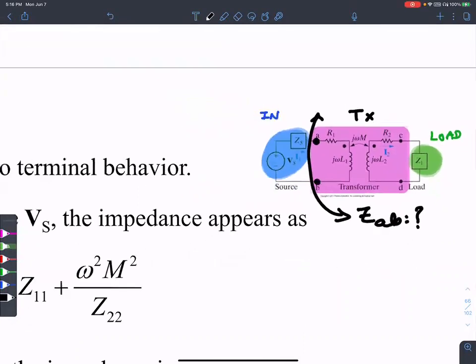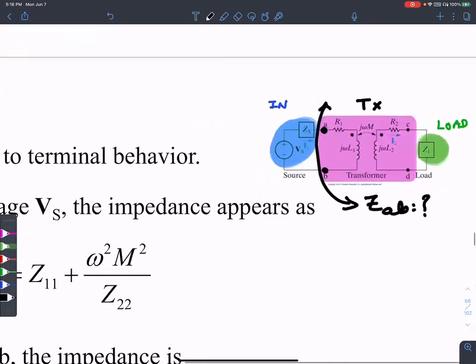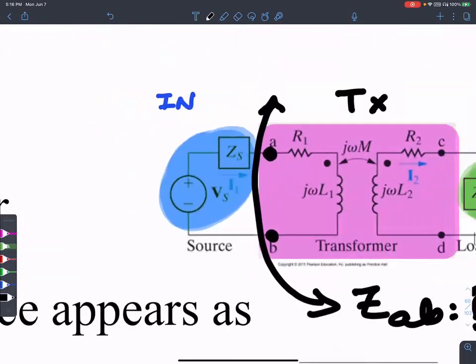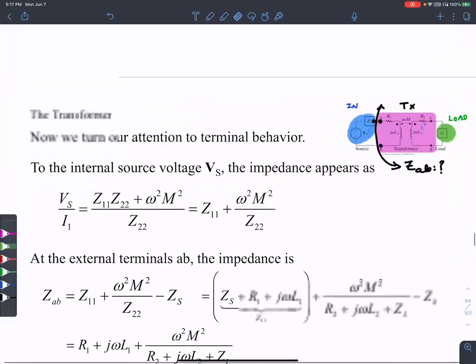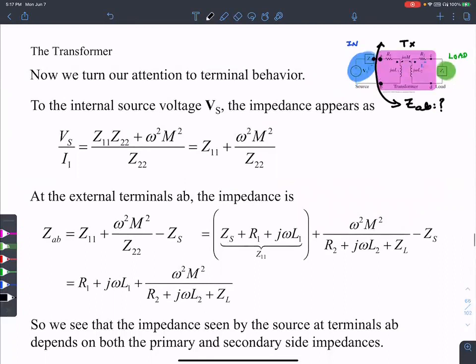So the question we are interested in is, if we were to stand just outside that purple box to the left, right in between ZS and that purple box, where that ZS ends, and look into the transformer, how much impedance would I find? Well, there's a mathematical formulation for that.